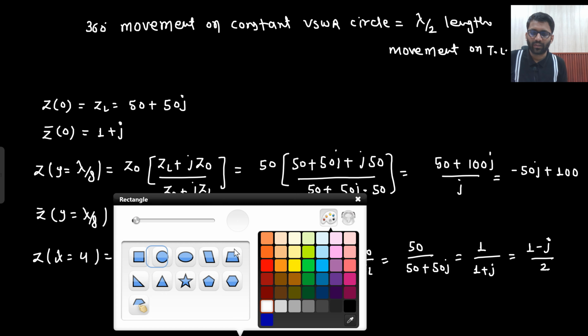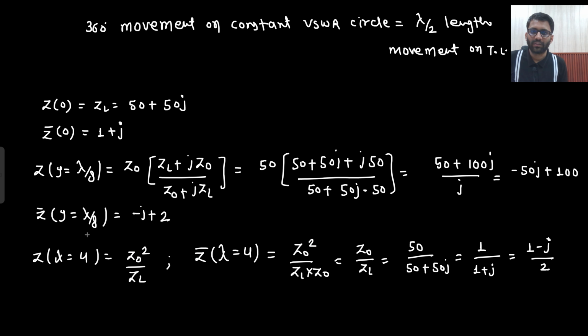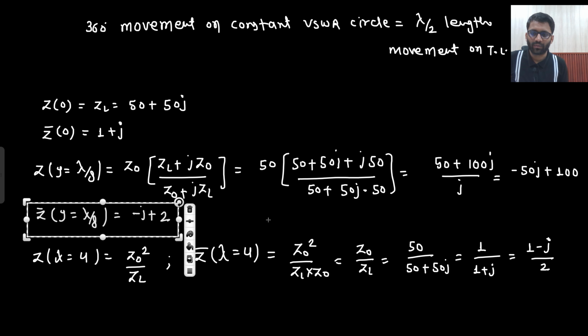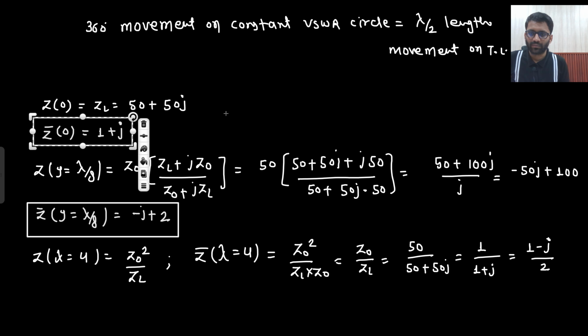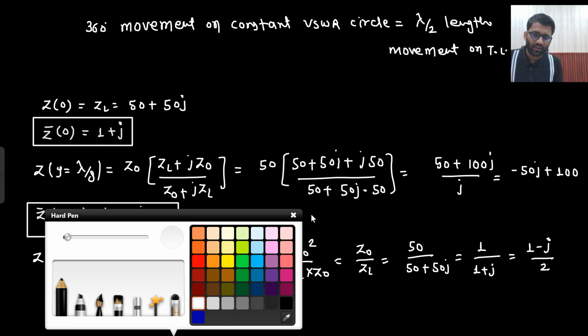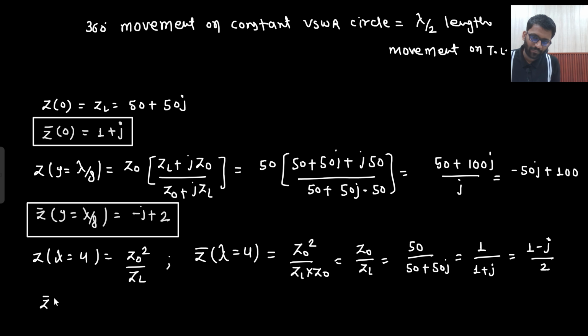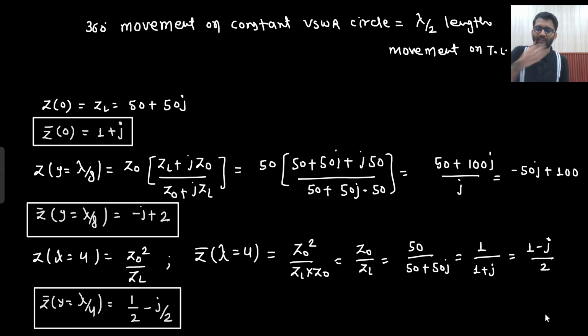So let's make them in boxes, because these results will be used later on. At y equals lambda by 4 you are getting 1 by 2 minus J by 2. Now 3 lambda by 8.